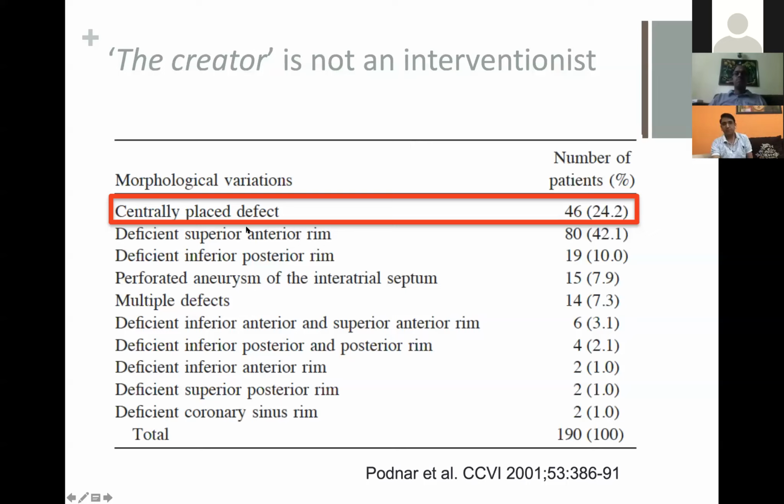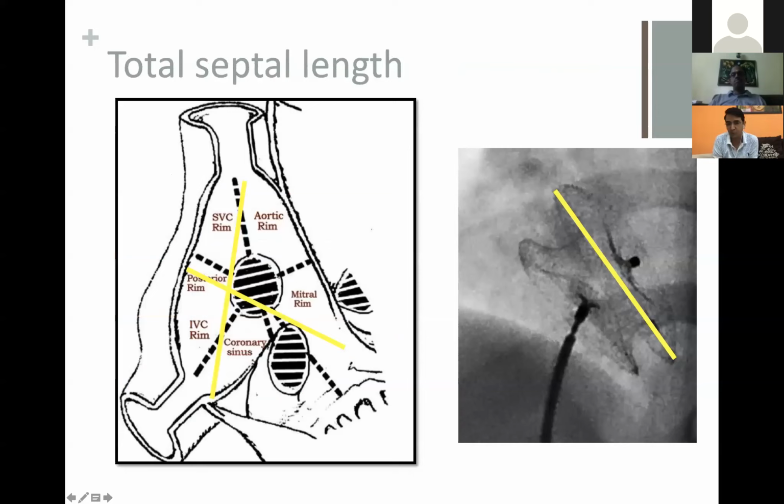Now, this is the concept of total septal length. I think most of you who are listening to me already are aware about it, but I could see some of the faces who are still under early phase of their training. I think this is what we mean when we talk about total septal length. And as I said, because the largest dimension has to be accommodated within this, they should not be beyond total septal length.